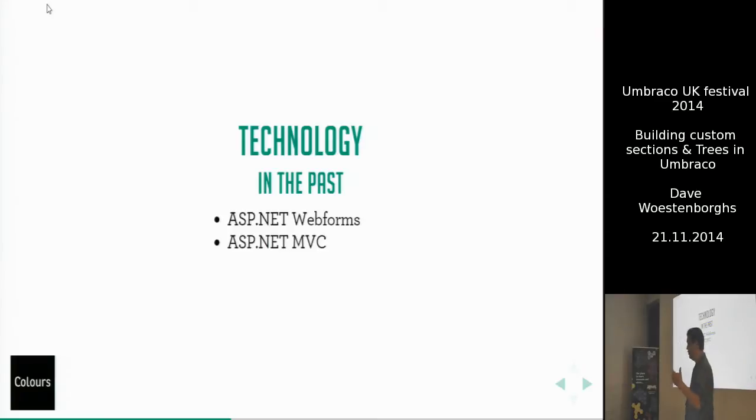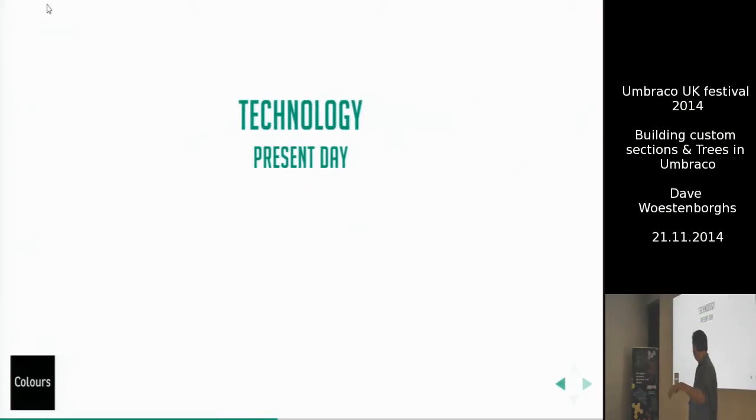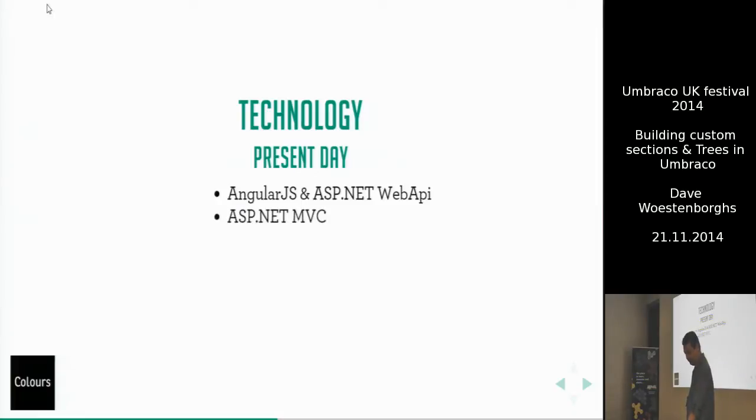But you could also build custom sections using MVC. I've seen some people do that. And actually, it was already possible to use Angular and Web API. If you go to present day, so Umbraco 7, we use Angular and ASP.NET Web API or something else to connect to your data.